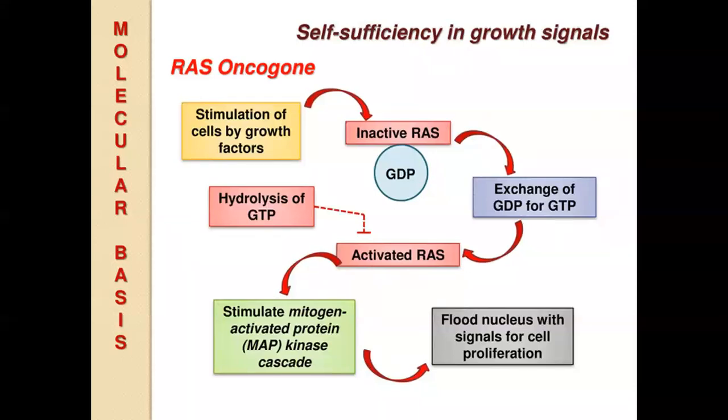Rat sarcoma gene is most commonly seen in carcinoma of the colon, lung, and pancreas, having two forms, active and inactive. The active form of the RAS protein is the GTP-bound form, while GDP is the inactive form.